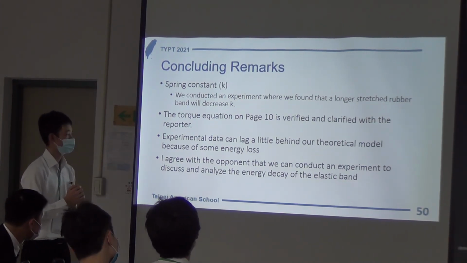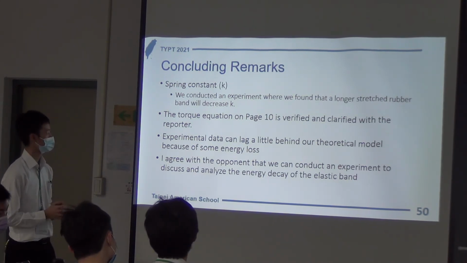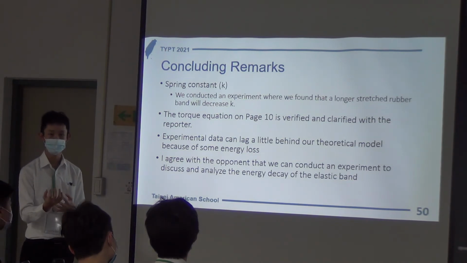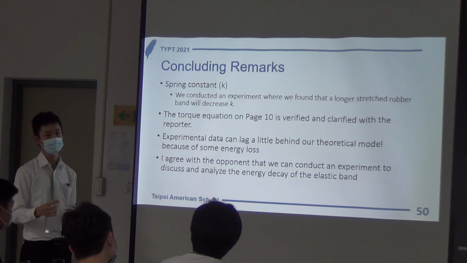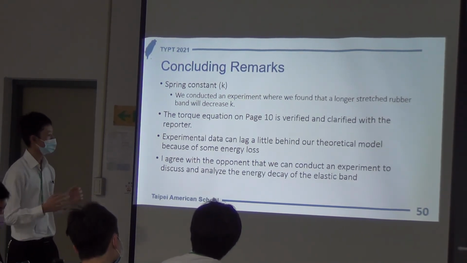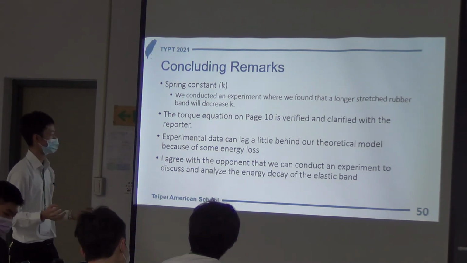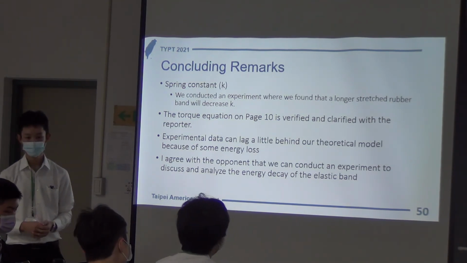We believe that the experimental data, as asked by the reviewer, can lag a little behind the theoretical model because of some energy loss. We know that there is energy loss in the r hat direction, but there can also be some minimal slipping in the theta hat direction, which we didn't account for. Finally, I agree with the opponent that we can conduct an experiment to discuss and analyze the energy decay of the elastic band. Thank you.